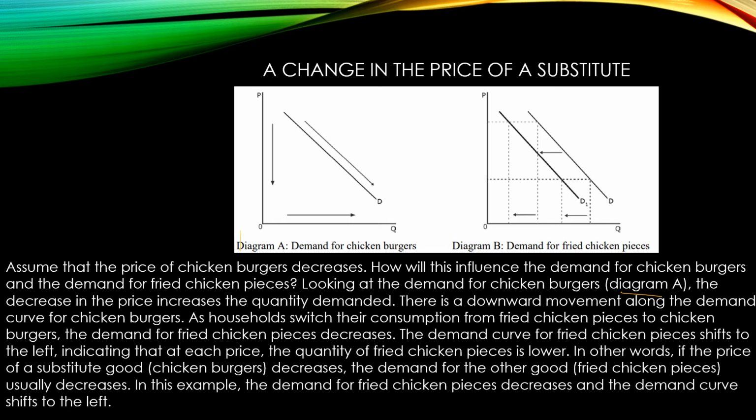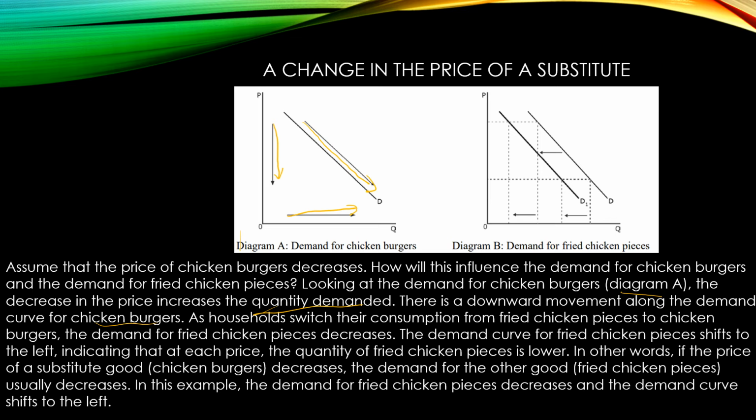So a decrease in the price is increasing the quantity demanded. There is a downward movement along the demand curve for chicken burgers.